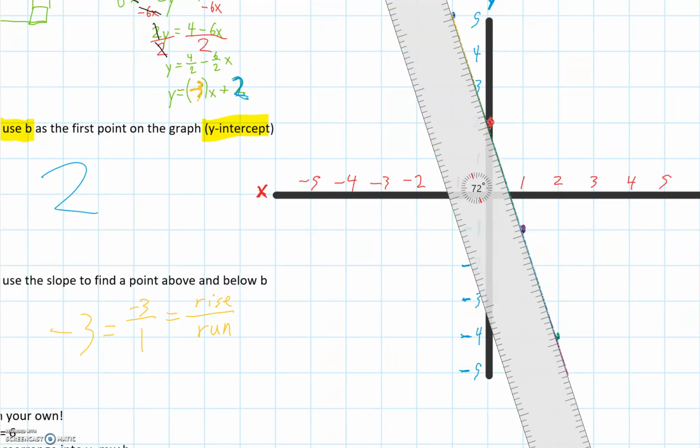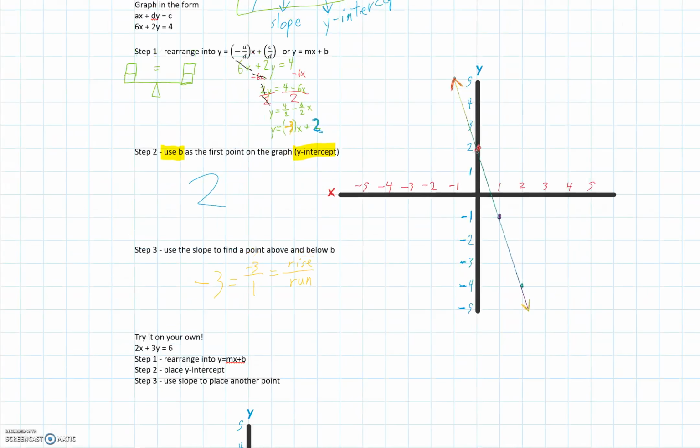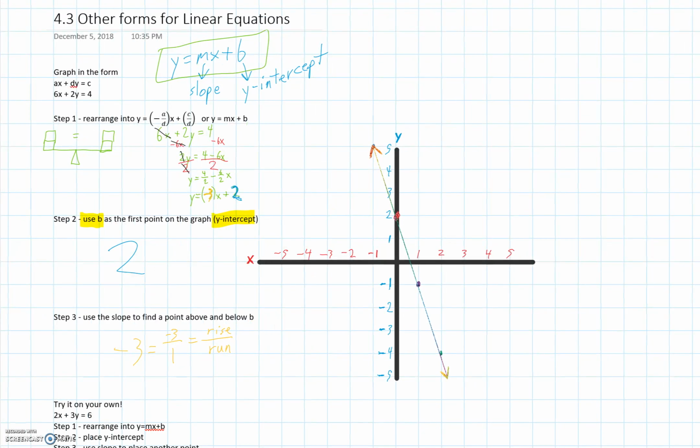There you go. So we've got ourselves a line, and I like to draw arrows on the end. I think that it makes it much more clear that it goes on to infinity. So there you go. That is how you graph linear equations from a different form.